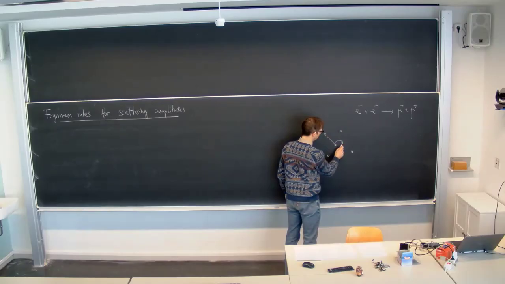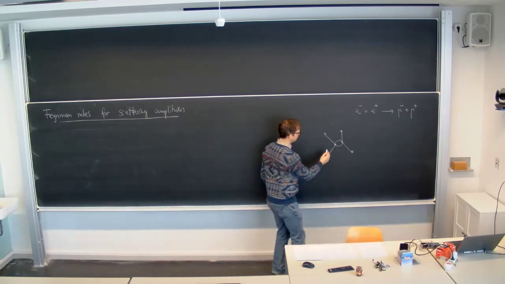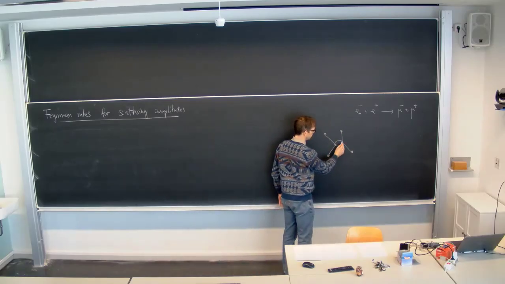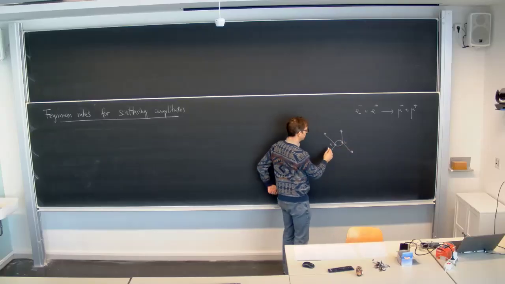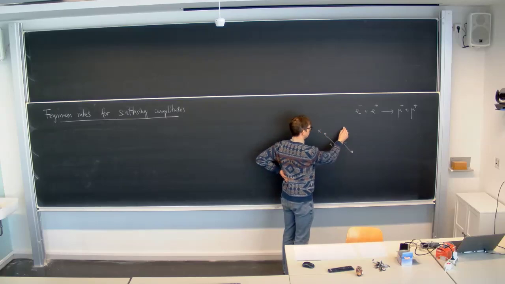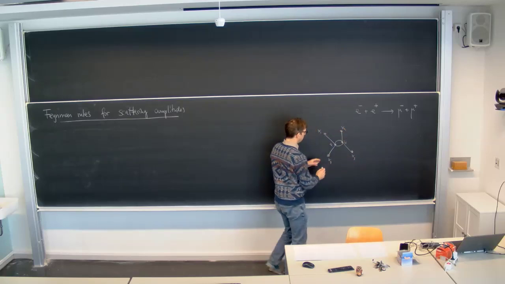Then I could have a diagram which looks like this. That's not this process. And so they are internal vertices, which are integrated over. I like to call them z and w. These are the locations in space-time, and then we have the external ones, x1, x2, x3, x4.